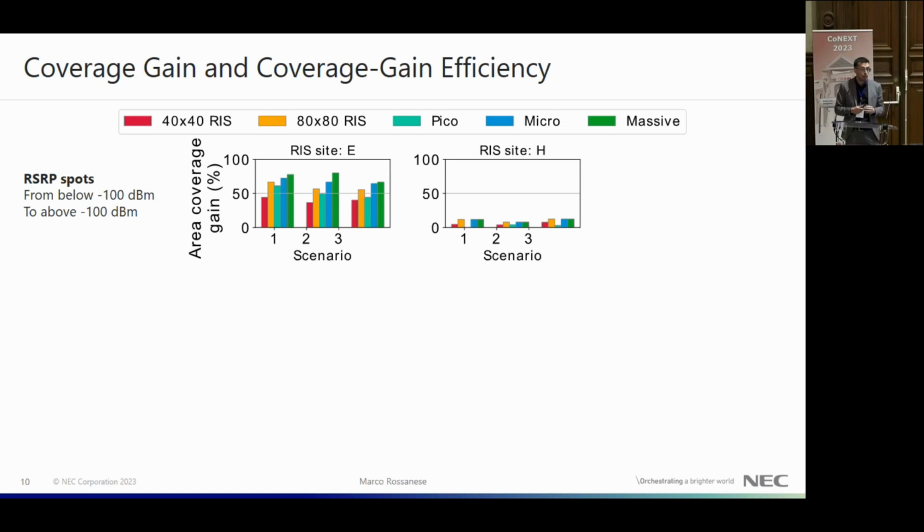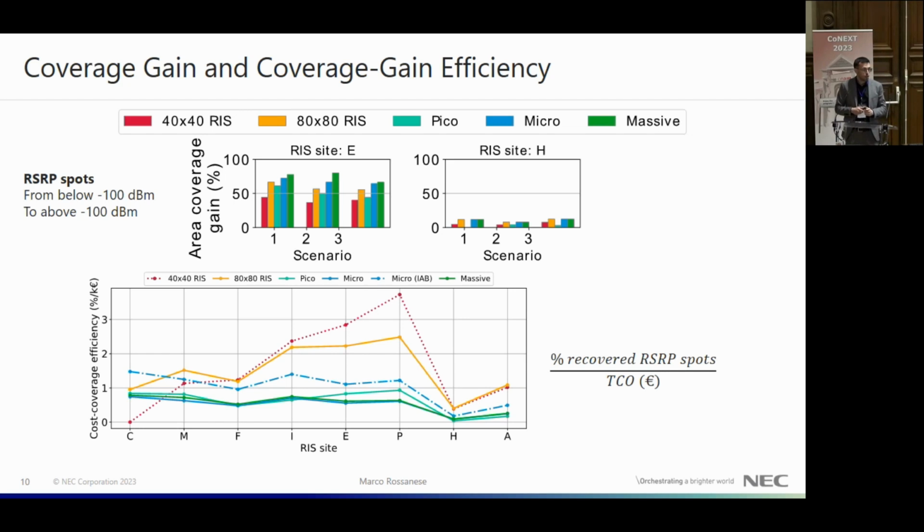And applying a base station or an RIS is very beneficial to that area. While for H, you can see that the bars are smaller because the situation was really good at the beginning. So putting an extra base station or RIS is not making that much improvement, but the RIS can compete also here with a base station.